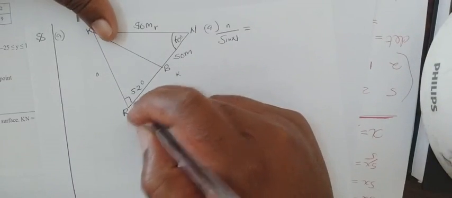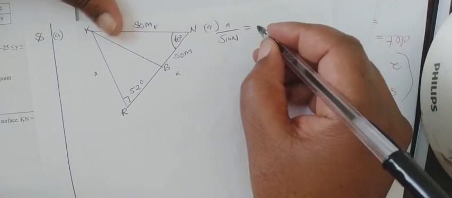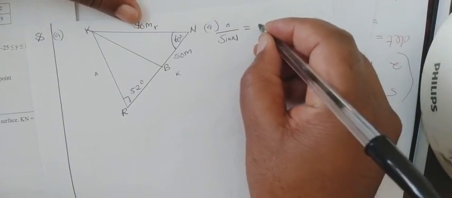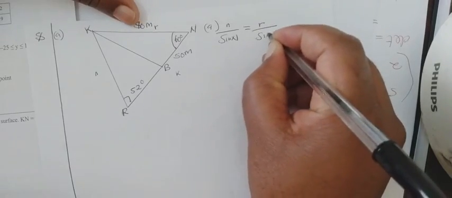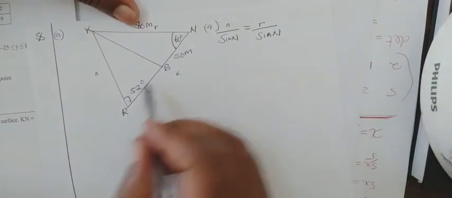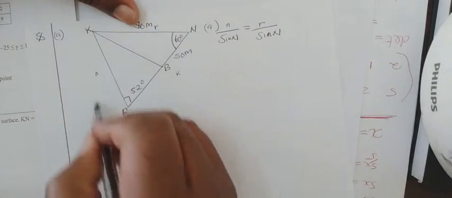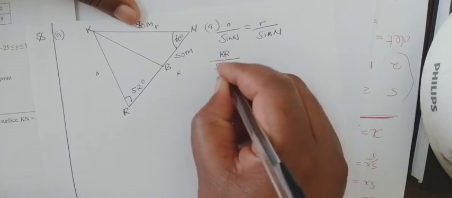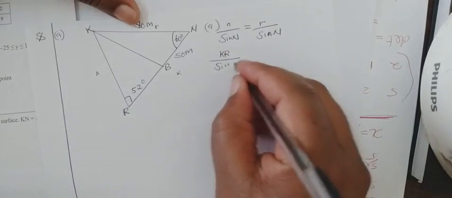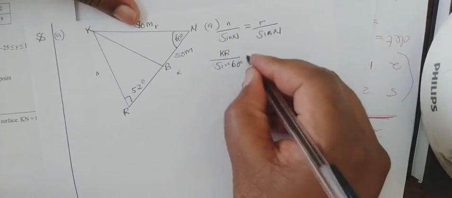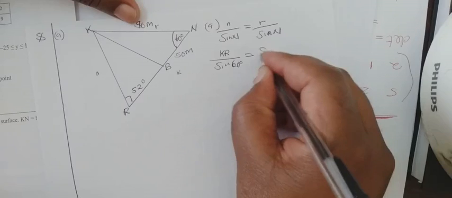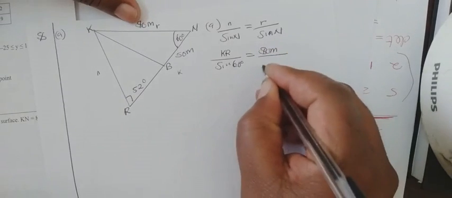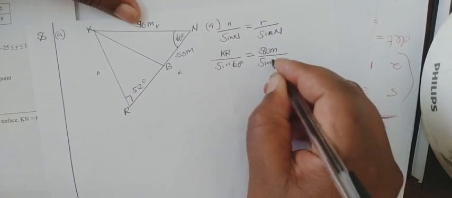So what is my n? My n is KR, which I'm looking for. So I'll say KR over sine 60 degrees is equal to r, which is 80 meters, divided by sine 52.